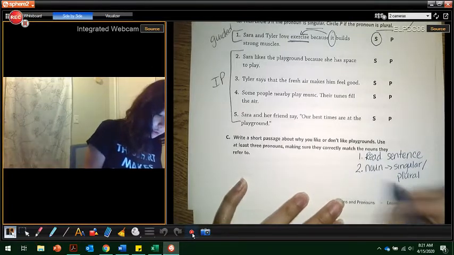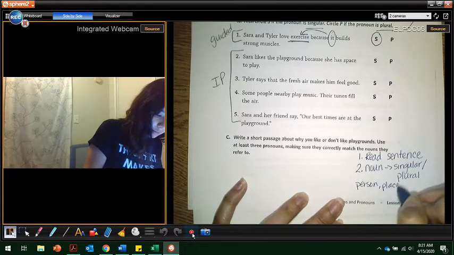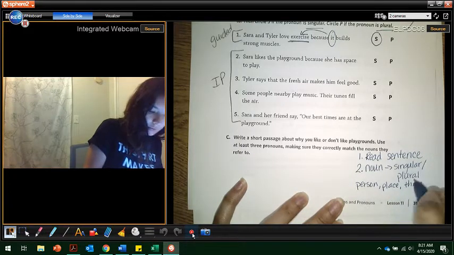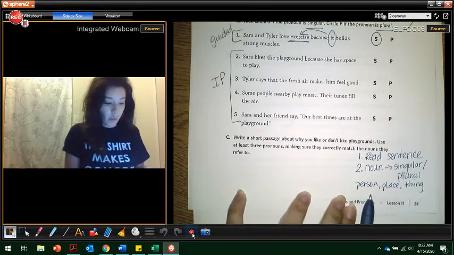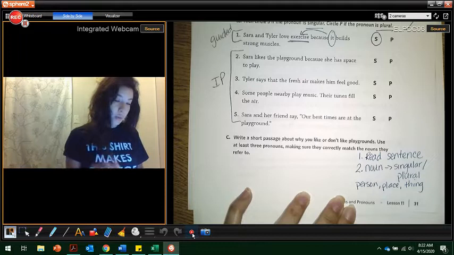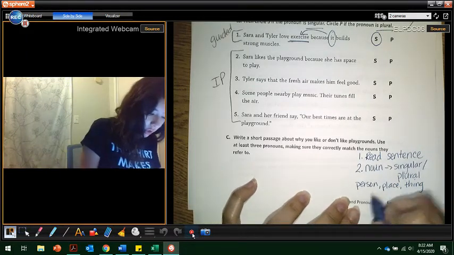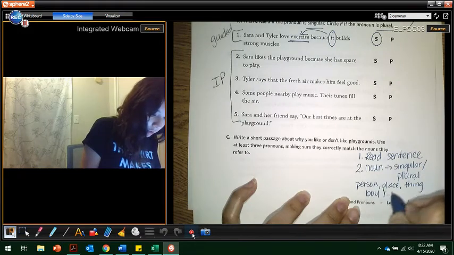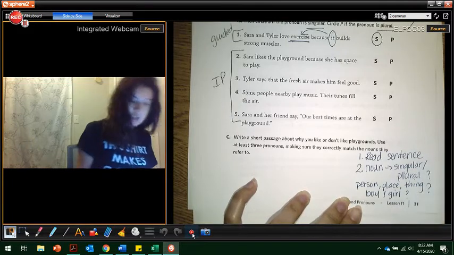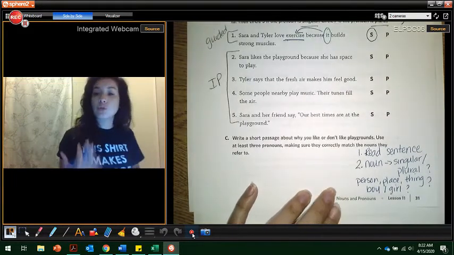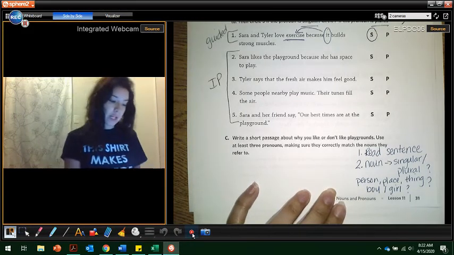So that's another question. Because if it's a person, we're not going to use the pronoun it, right? Because it would be more for a place or a thing. So we need to know that. We also need to know the gender, or we need to know if it's boy or girl. So these are some questions that you're asking yourself as you're finding a pronoun to replace your noun.